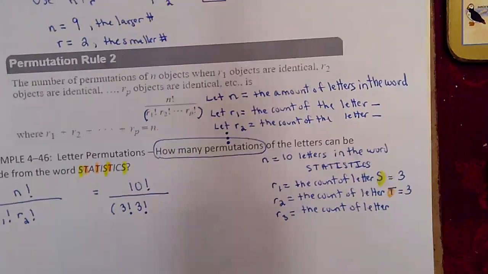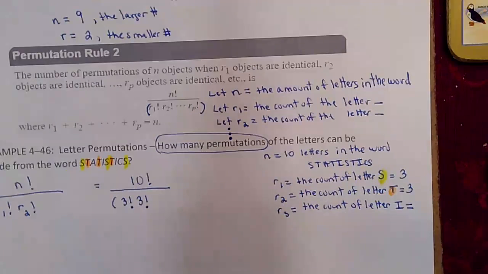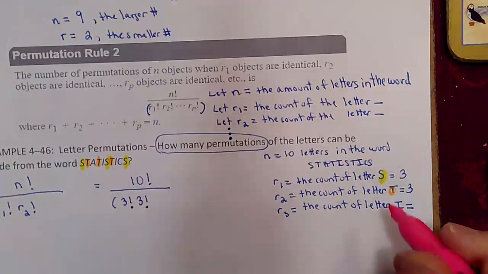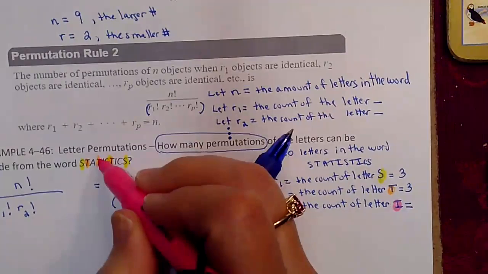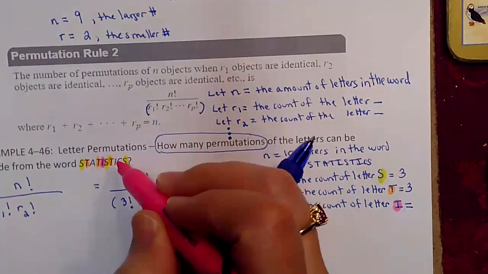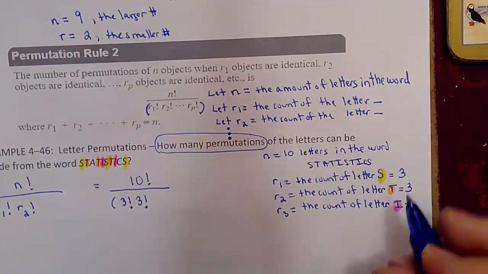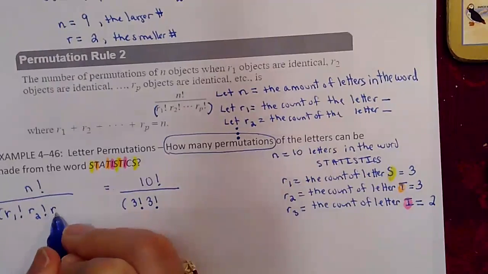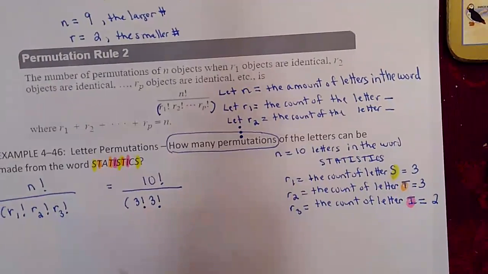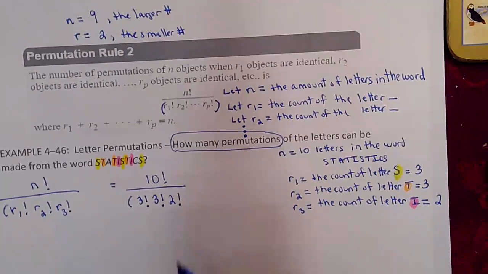So I think I'm going to go to I. Look at I, I have an I here and an I here. It looks like I have two I's. So it'd be 2. So for us, we'd have R3 factorial, and then R3 is 2 factorial.